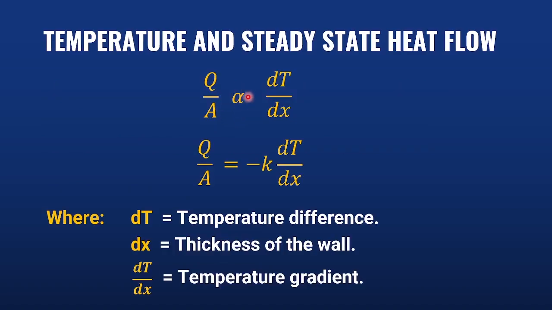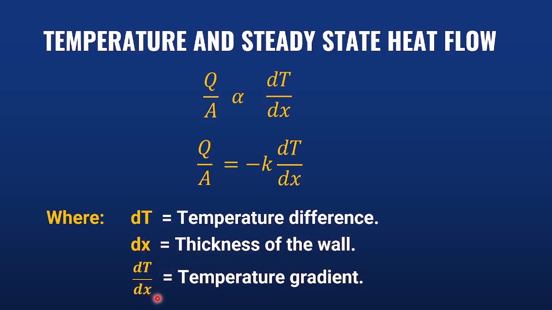Now, whenever we have the proportional sign, to remove it, we need to add a constant term and an equality sign. To further break this down individually, we have that the T denotes the temperature difference. The x represents the thickness of the wall.